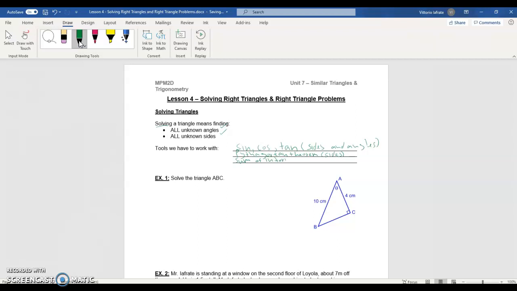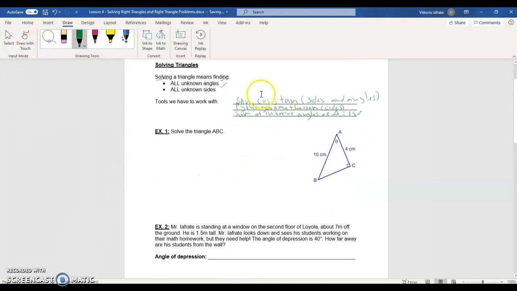We know that in a triangle, the interior angles add up to 180 degrees. So we can use our knowledge of all these tools here to help solve triangles.